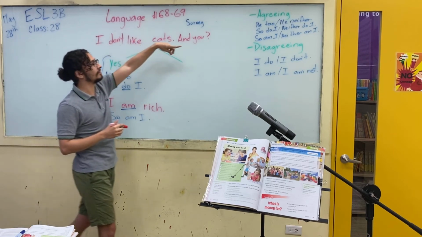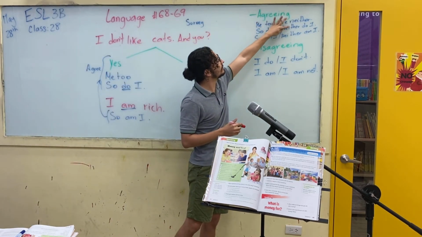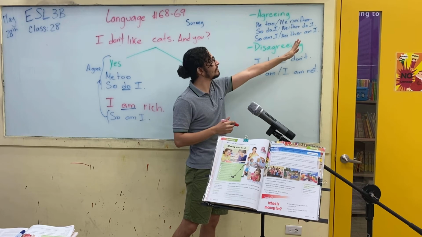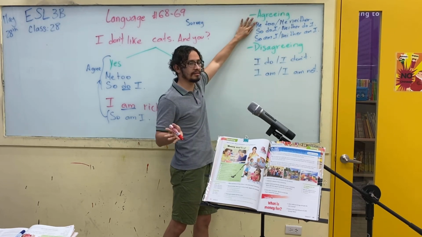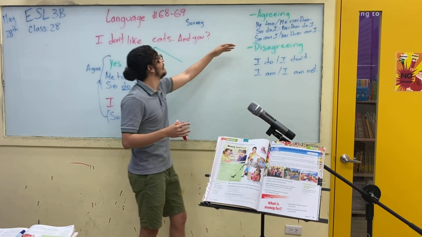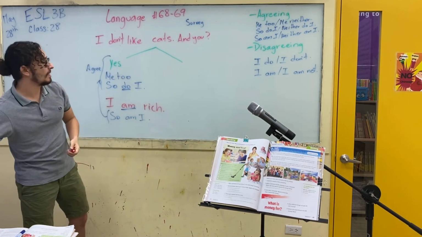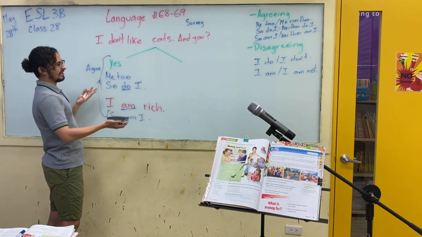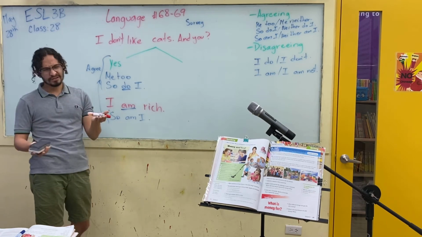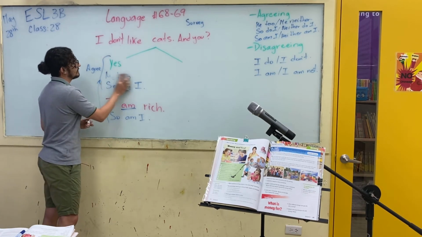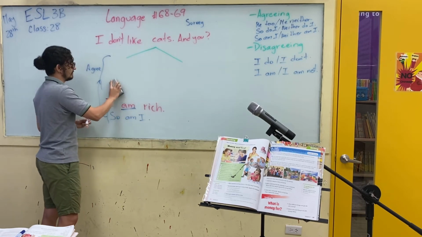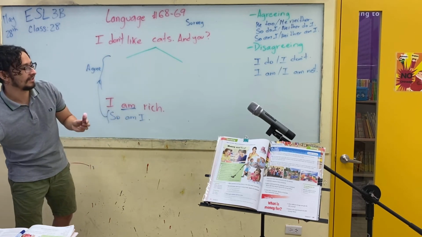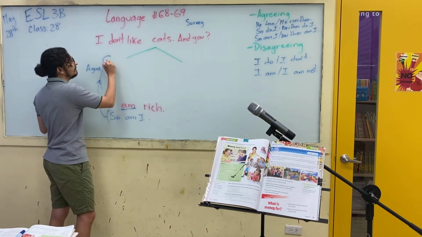So we can take a look over here and you see all these on the right side are always the negative. And on your left side you have the positive. So we just used the positive one. Now we're going to use the negatives. So for example, you can say, I don't like cats. And you also don't like cats. So you are agreeing that you don't like cats. So you can say, oh, you know what?